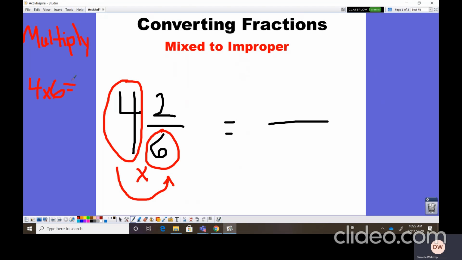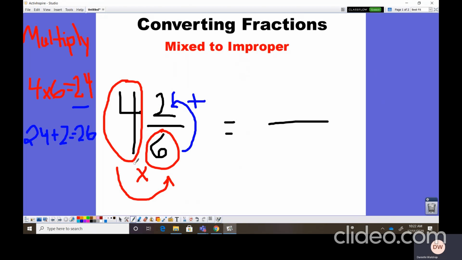I hope you said 24, because 4 times 6 is 24. We're not done yet. That's not the answer. This time you take your 24 and add the numerator. So we add 2. What is 24 plus 2? Good, you get 26.